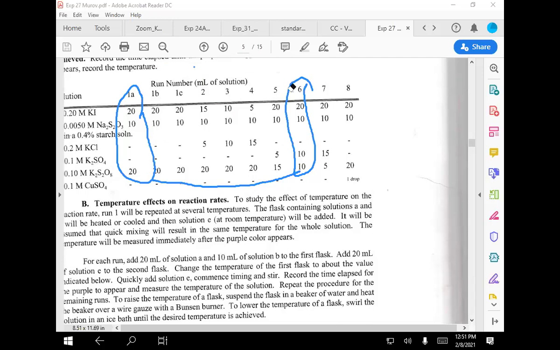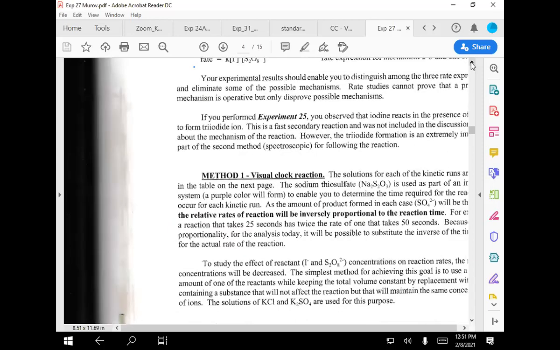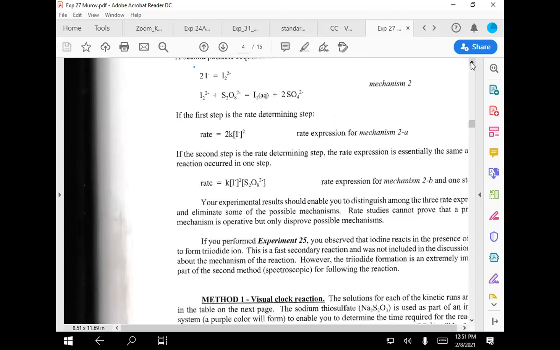And then it all goes back to the prior page. Here we're trying to figure out the rate laws. They're giving us three possible rate laws. If it's second order in iodide and first order in thiosulfate, then this is your rate law.